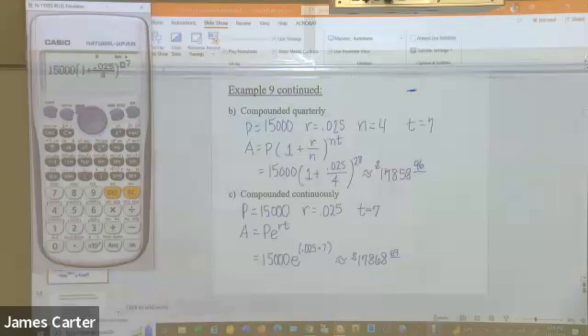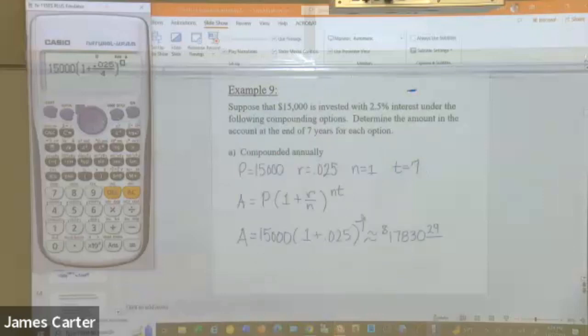So now I've got 4 times a year times 7 years. I can put in 28, or I can put in 4 times 7, but I better put it in parentheses if I do. So I'm going to put in 28 and equals.